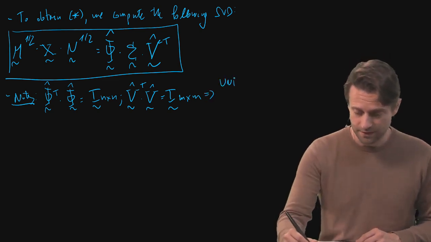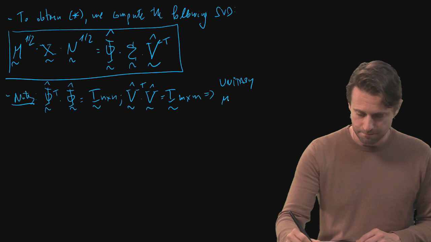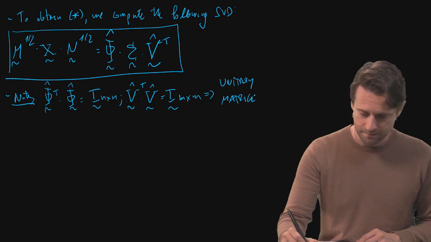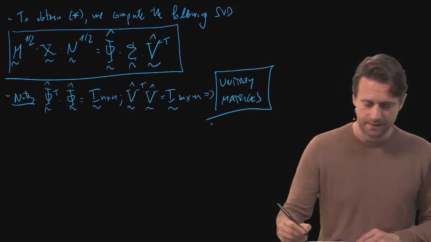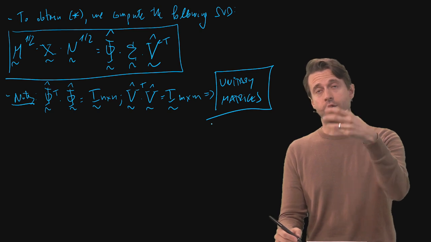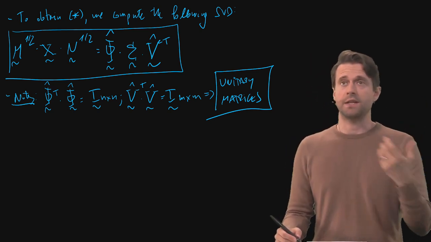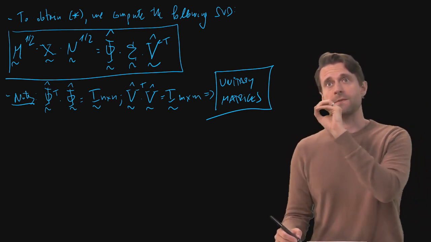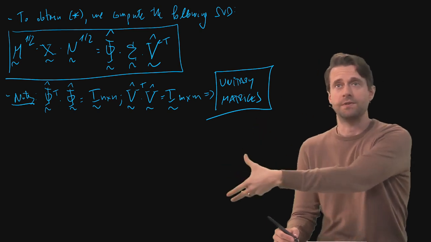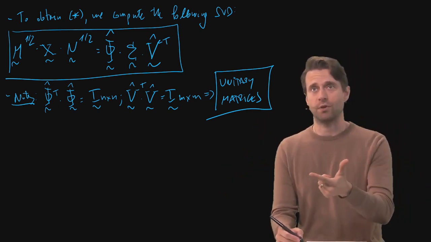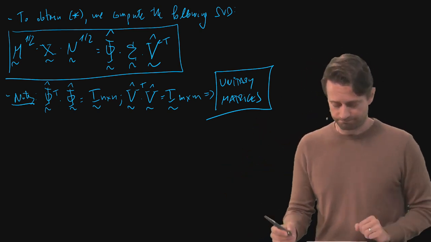These are unitary matrices. Remember, matrix phi is connected with the matrix U of the SVD, the left singular vectors. Matrix V here is basically matrix V from the SVD containing the right singular vectors of our decomposition.